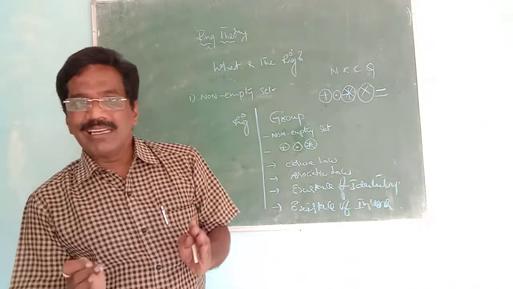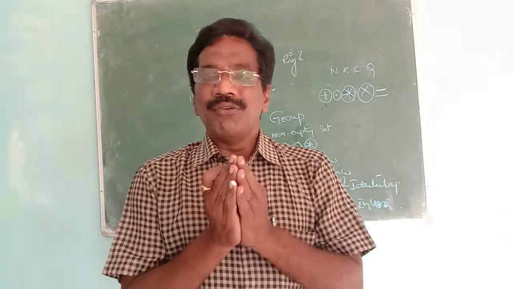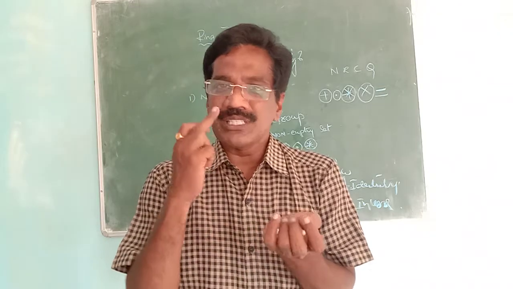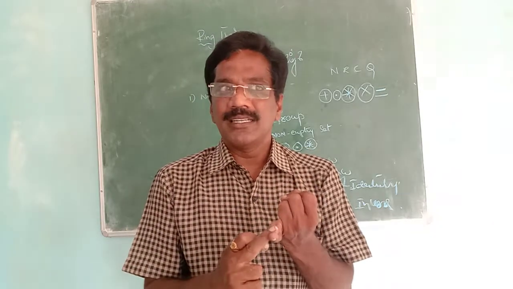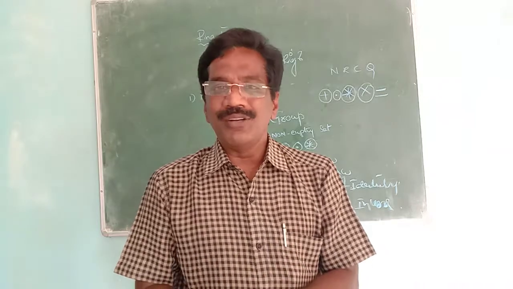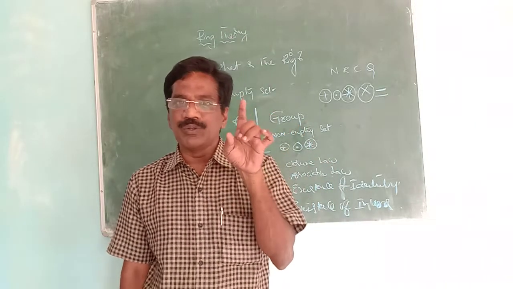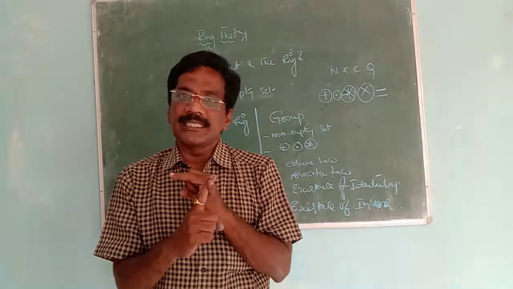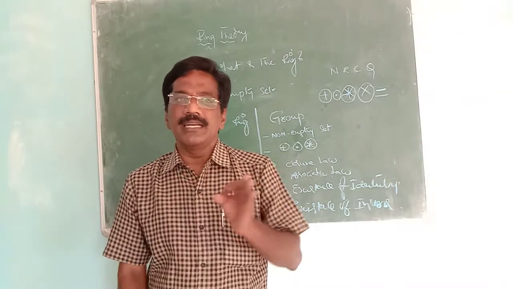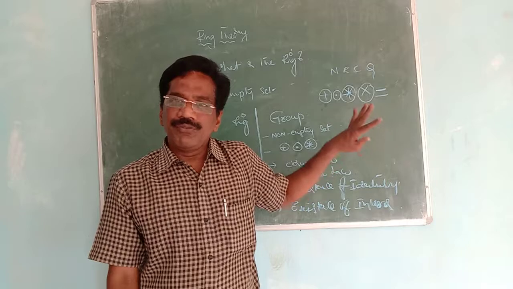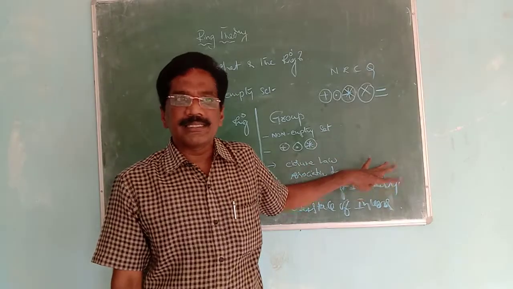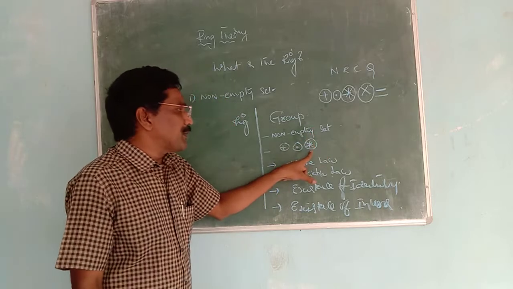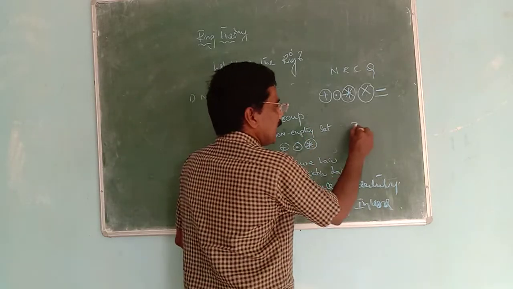Now clearly we know the definition of group. You take a non-empty set and a binary operation, and the four conditions are satisfied: closure, associative, existence of identity and existence of inverse. The four conditions satisfied in the non-empty set with a binary operation is called a group.